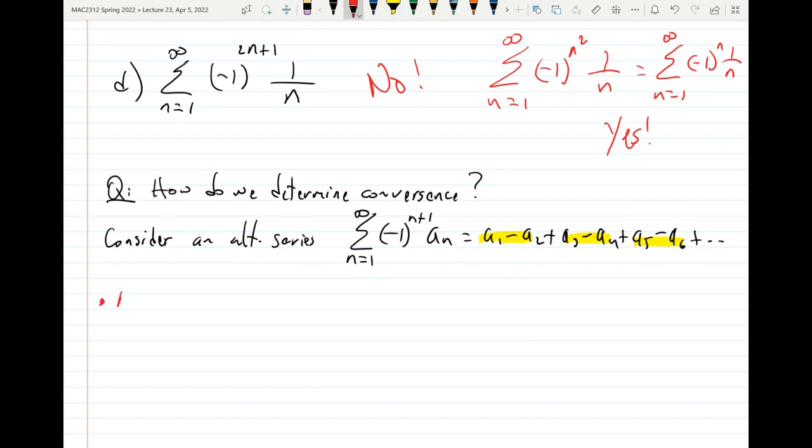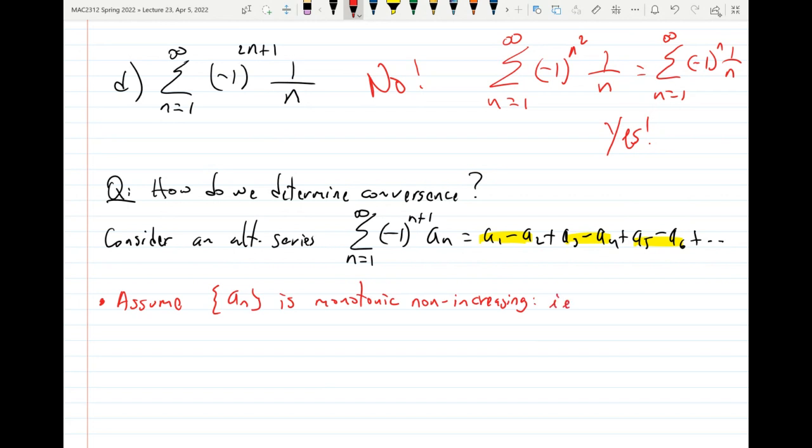So first, we're going to assume that the sequence a_n is monotonic decreasing, well, monotonic non-increasing.